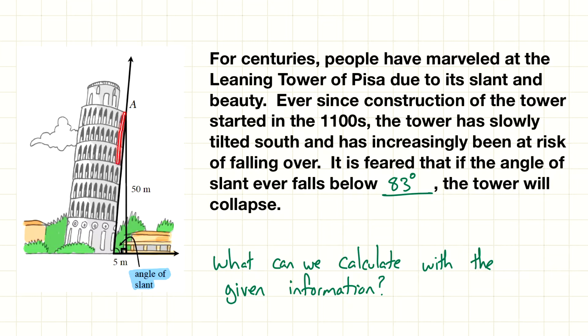Now, if I figure out the missing side, the question is, does that help? Does it help us figure out whether this is going to be below 83 degrees? So the question is, does that matter to us? Is there anything we could do to figure out the angle of slant, right? How can we figure out this angle down here?